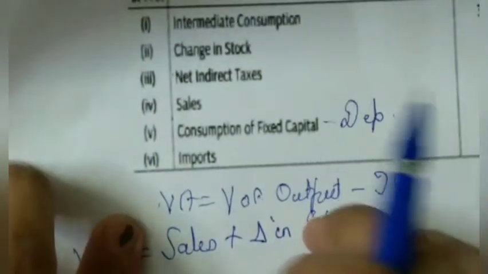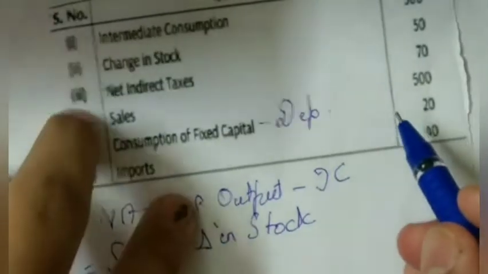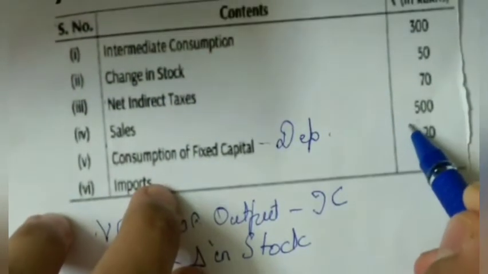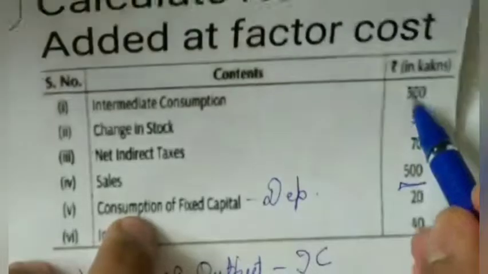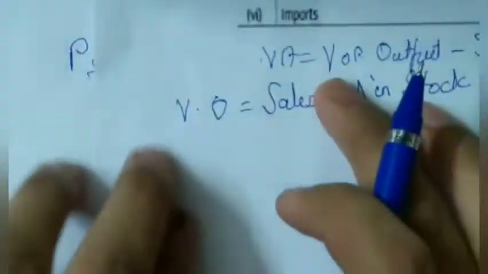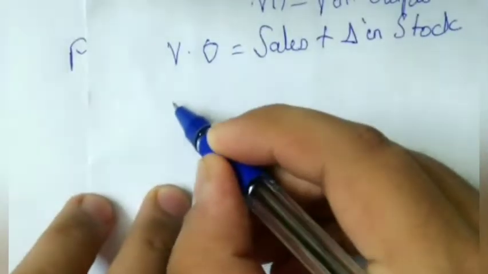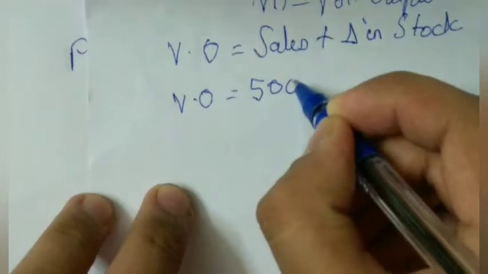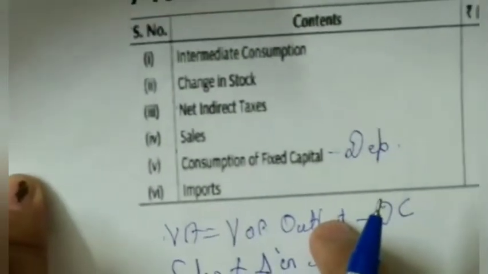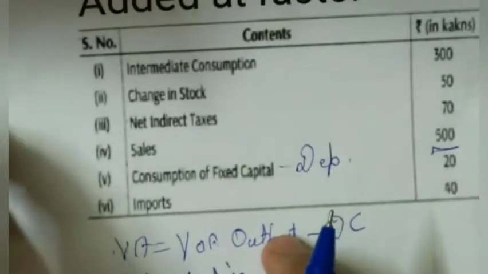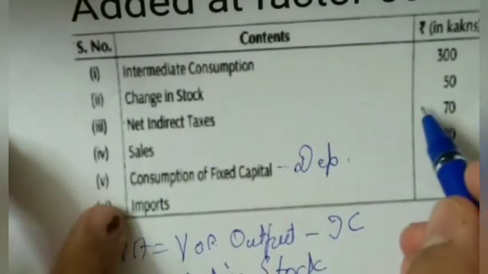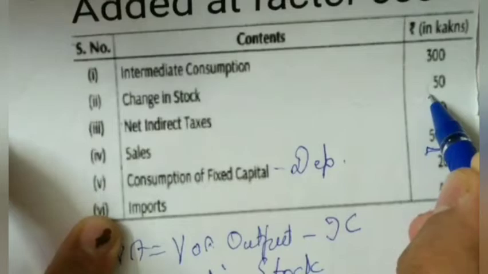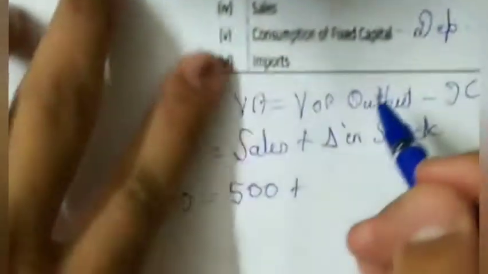So now let us take sales. Sales is given 500 and the denomination is rupees in lakhs. So value of output is sales plus change in stock. Change in stock is actually closing stock minus opening stock, but we are not given closing stock and opening stock, we are given directly change in stock, which is 50.